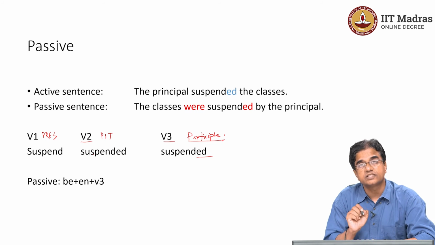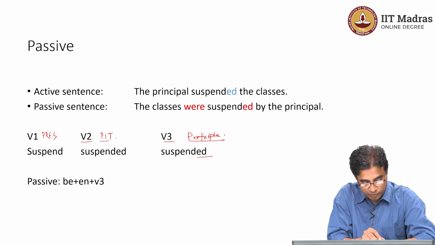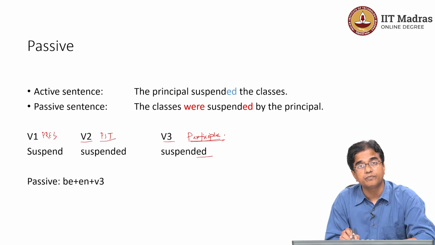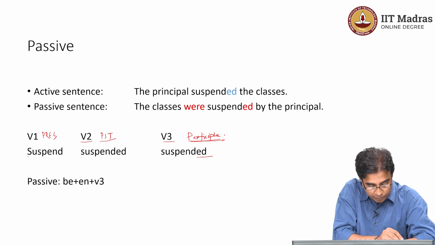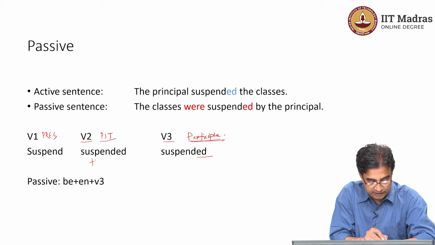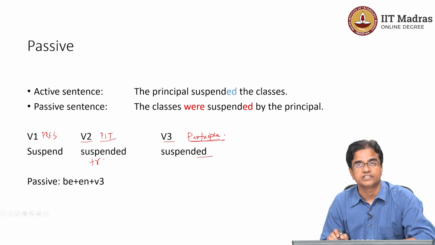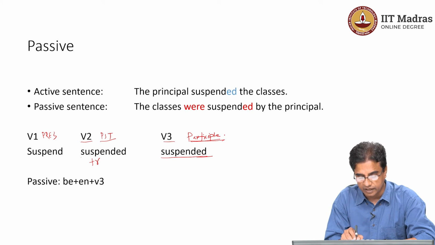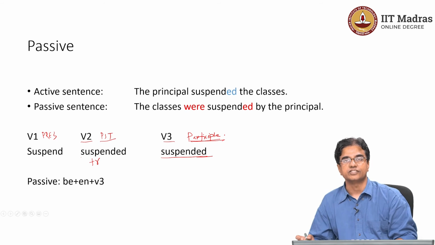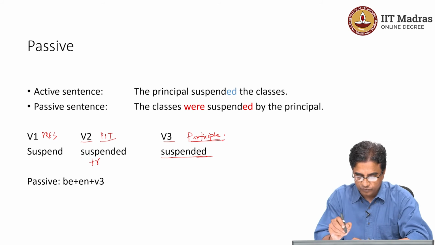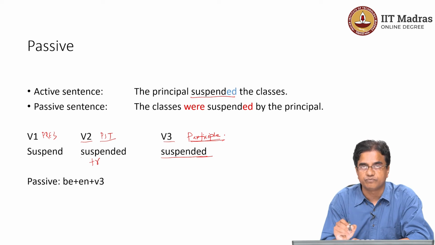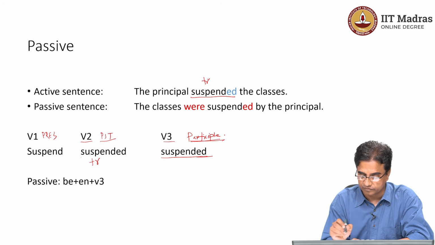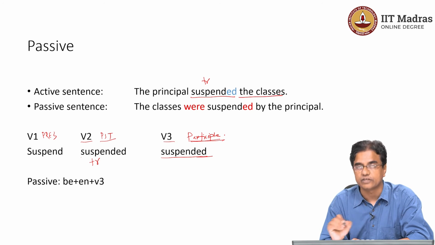So, what is the difference between the past form of the verb and the participle form of the verb? The difference is, it is only present or past which can be either transitive or intransitive. Participle forms are not transitive or intransitive. So, hence, what we see here, suspended as the past form is a transitive verb and therefore it can take an object.